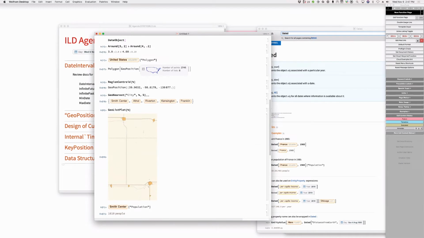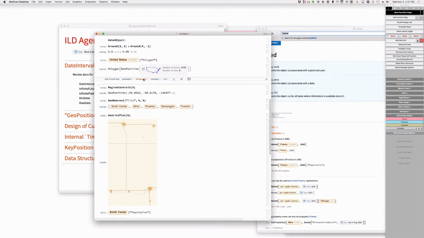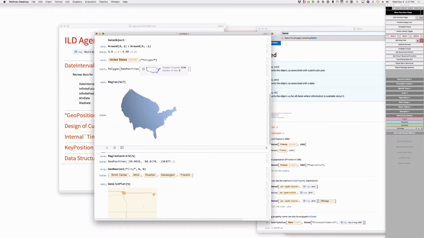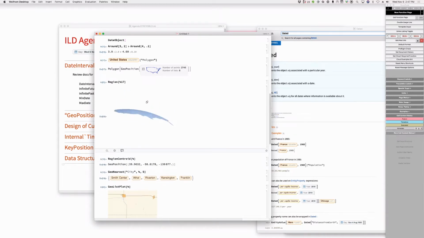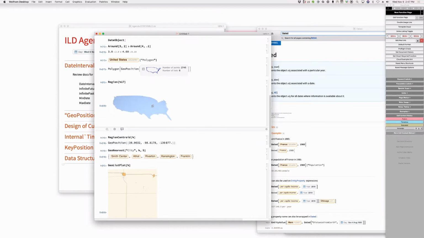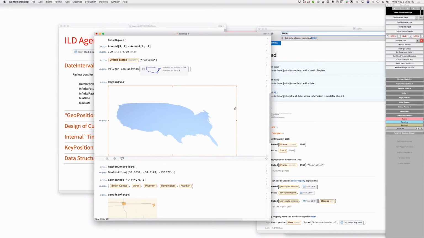Carl was asking whether you can do region. I think you can, region of %17 to display that region, right? Yeah, there it is. And because it's the geo position, it's a 3D object. Wow, that's pretty cool. I have never seen the US actually disembodied. That's really cool. Okay, I got to try one thing.